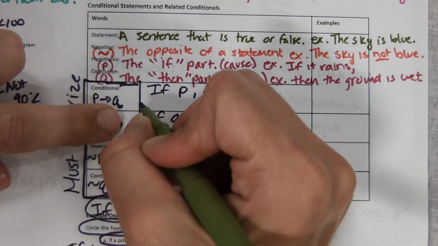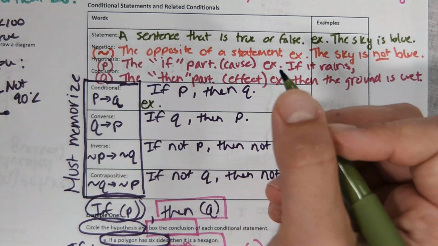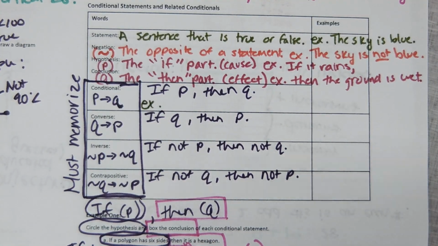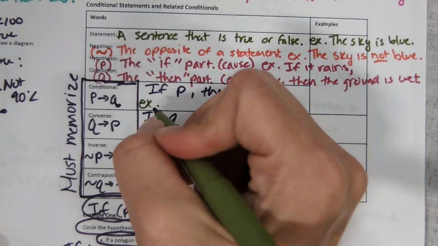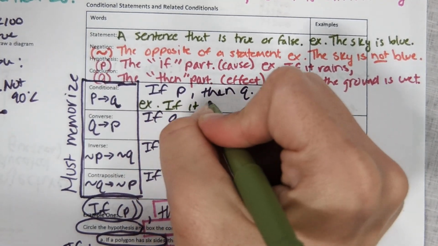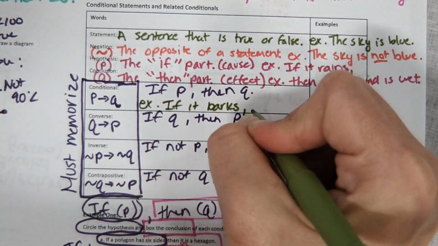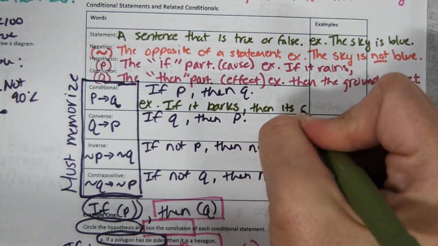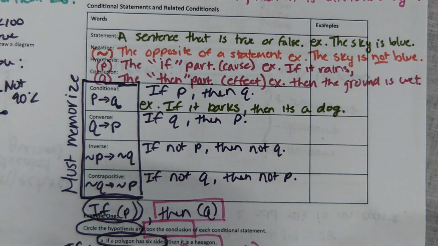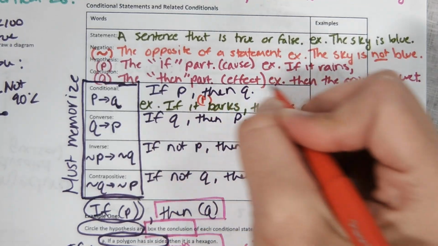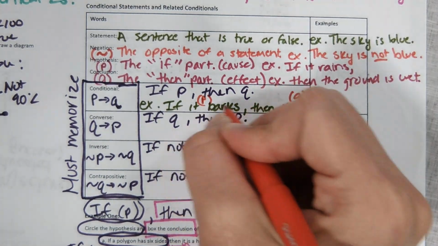Okay, and then giving you an example for each one of these. So I chose the shortest words and everything possible I could choose for this. If it barks, then it's a dog. So this is our P, and then this is our Q. Hypothesis, conclusion.